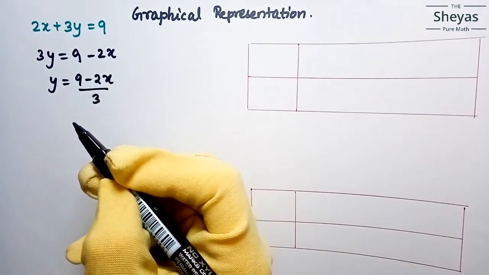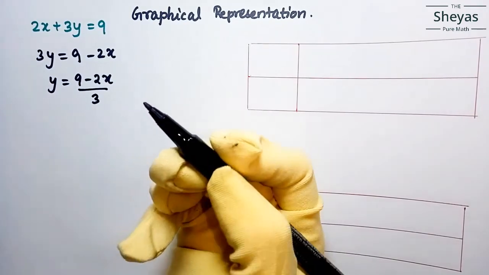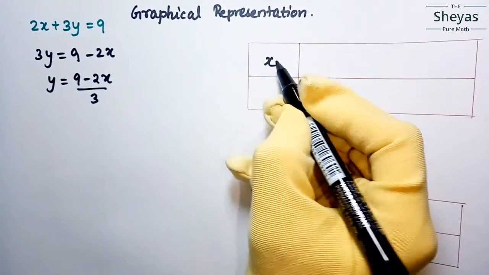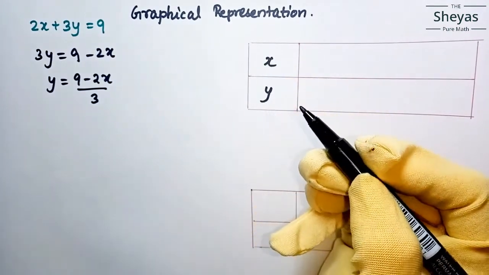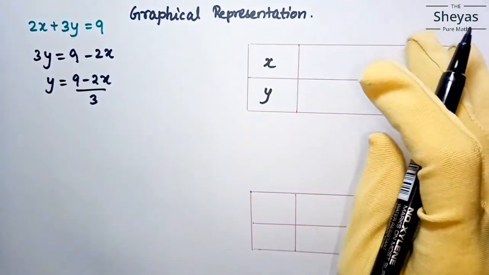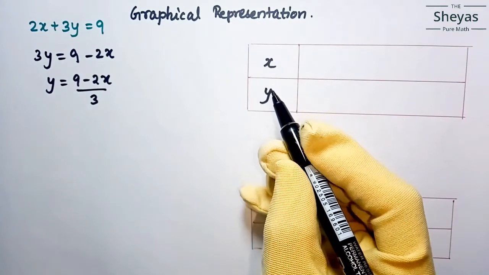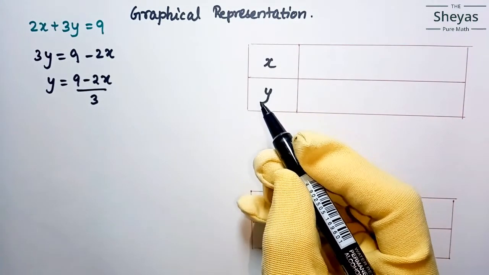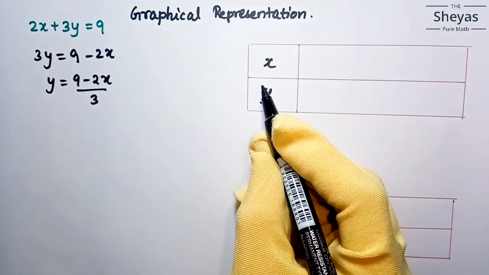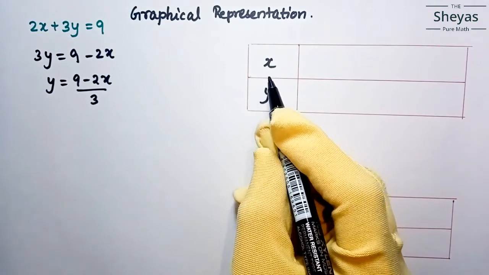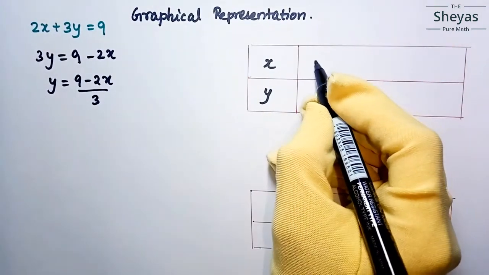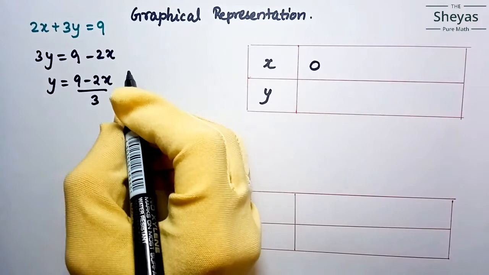So now we need some points x and y in order to plot a graph. I am taking any values for x. So let me take x is equal to 0.